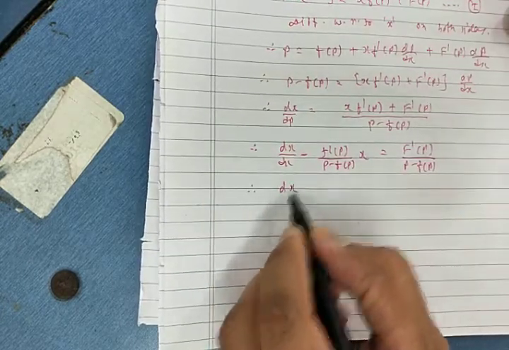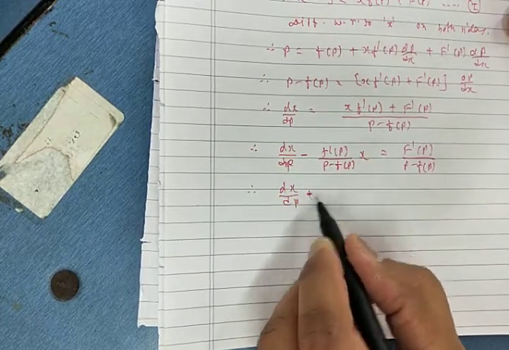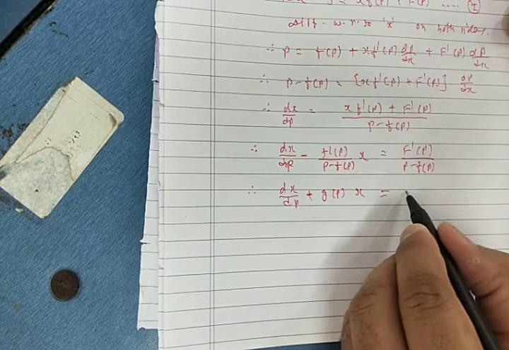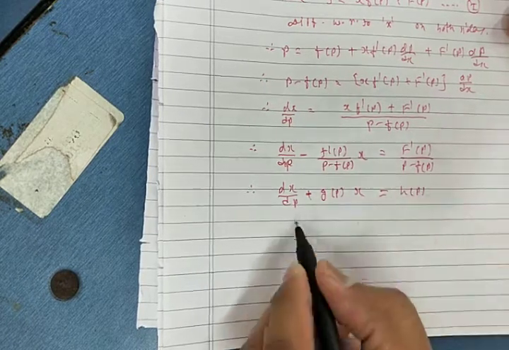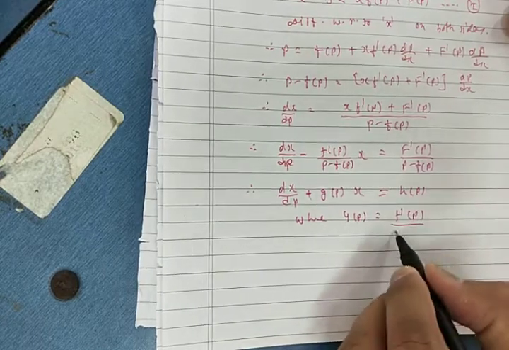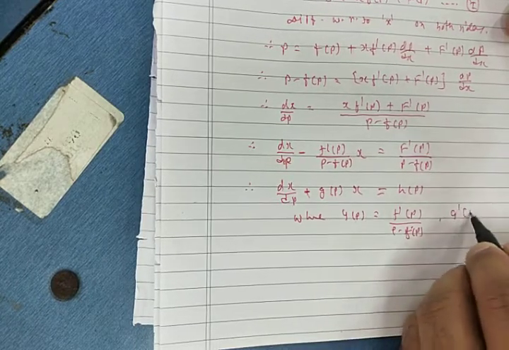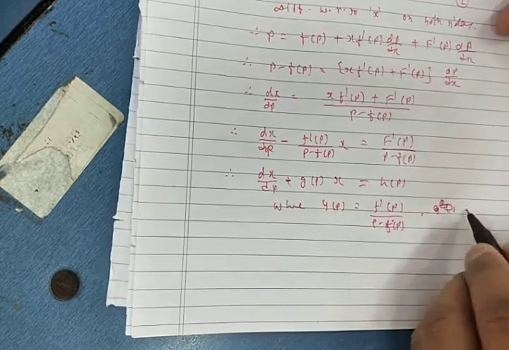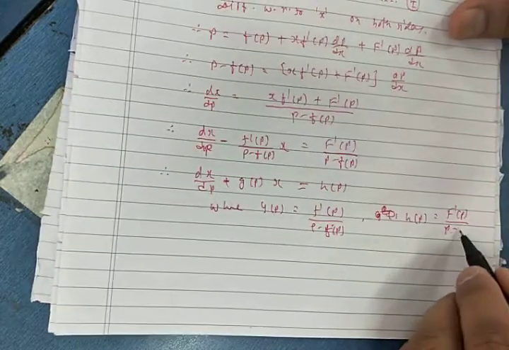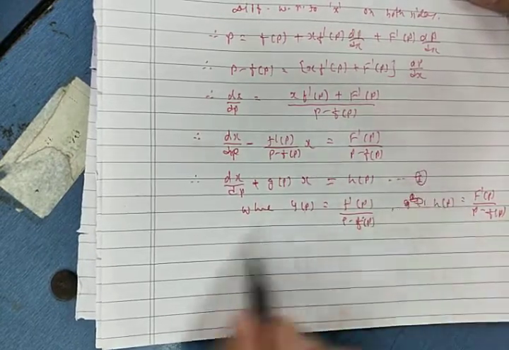This one is of the form dx by dp plus some function, let us call g of p into x is equal to h of p, where g of p is in terms of p and h of p is nothing but capital F dash p over p minus f of p. Now call it equation number 2.